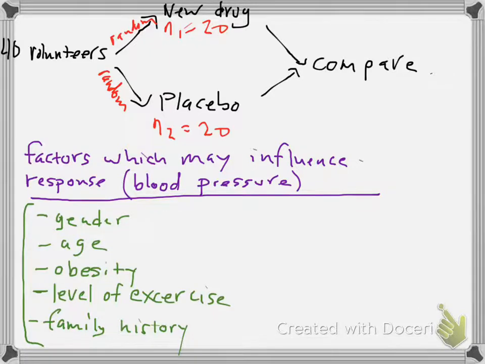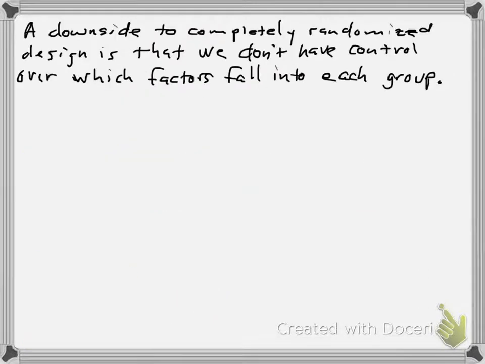Let's just say, for example, as I said here, a downside to completely randomized design is that we don't have control over what factors end up in each group.